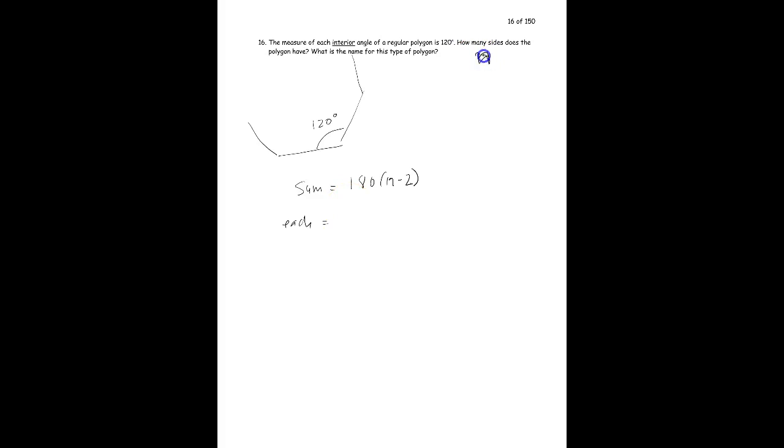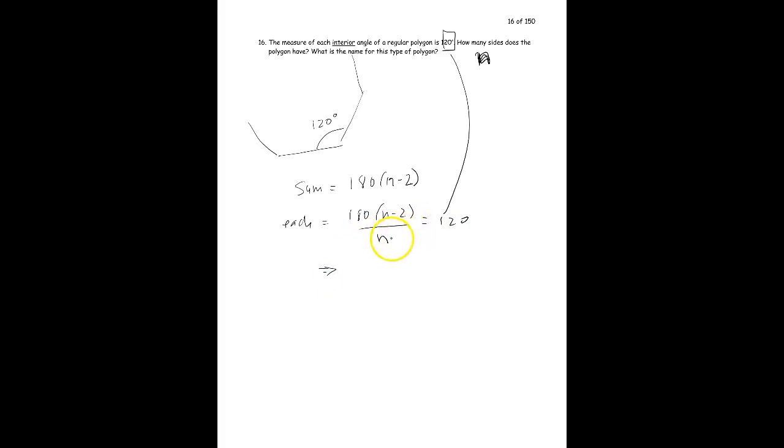We're trying to find it, so that's why I'm using a variable n. So 180 times n minus 2 all over n. But we are given that each angle is 120, so we can go ahead and set that equal to 120. And then we can go ahead and solve this equation here.